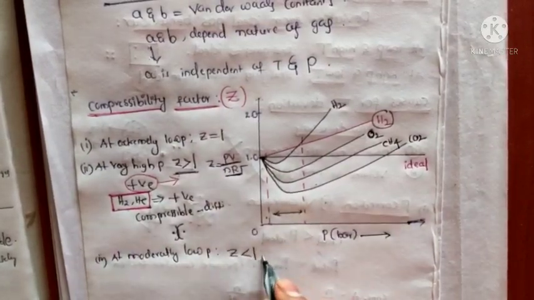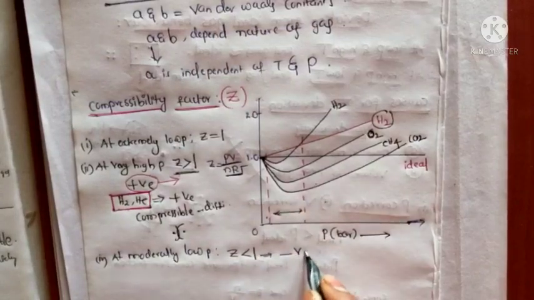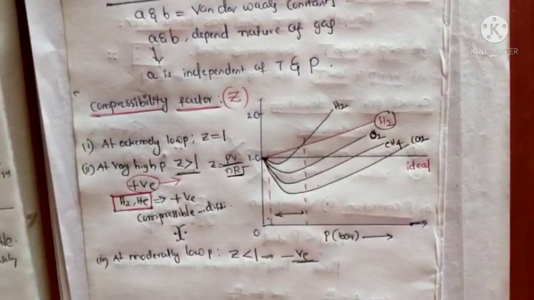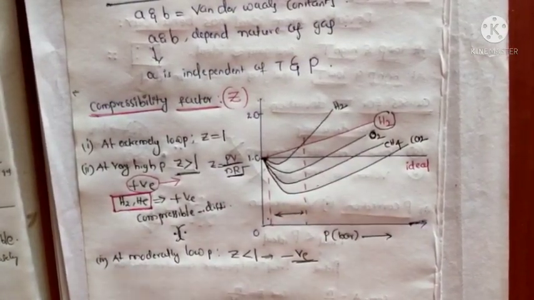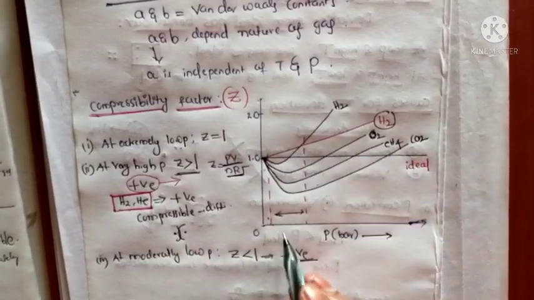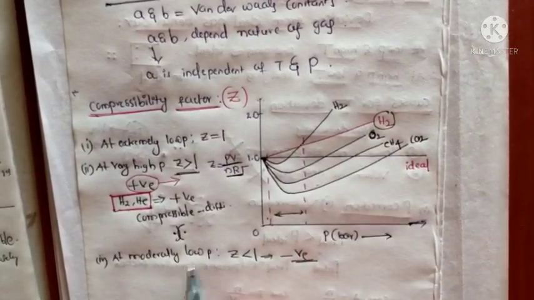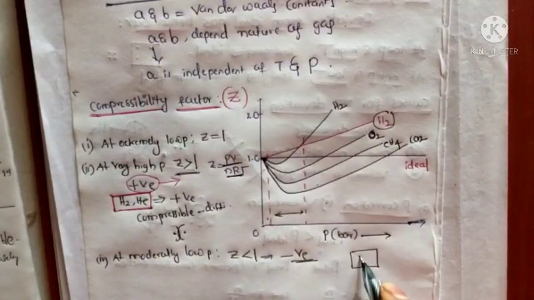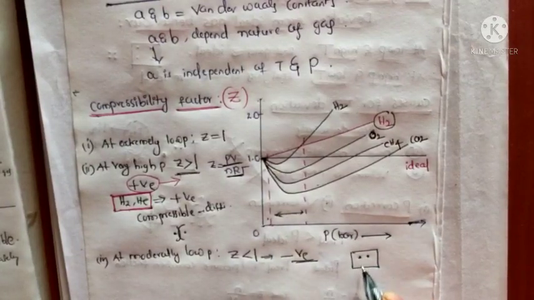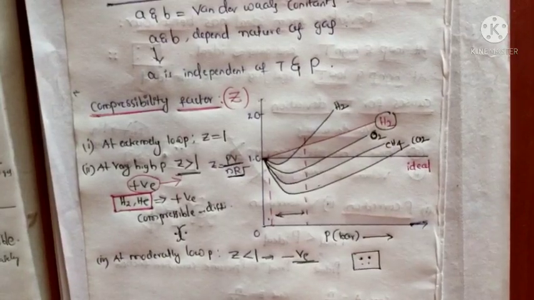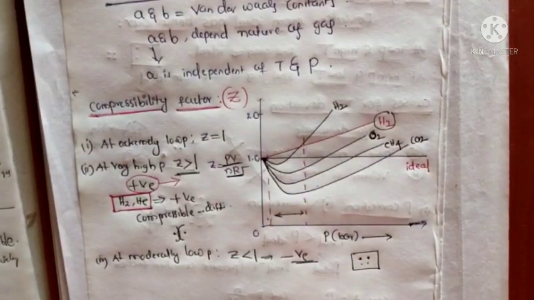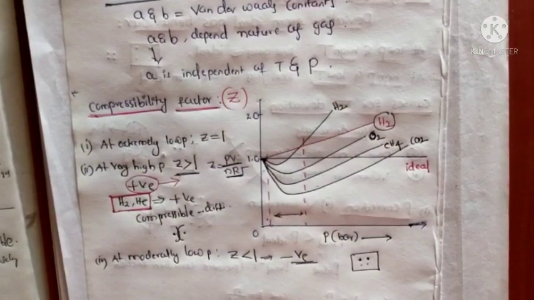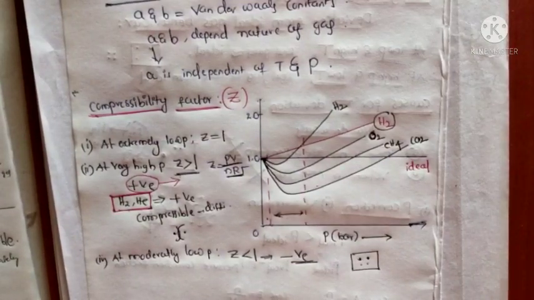That means the gases exhibit the negative deviation, so these gases are more compressible, because at moderately low pressure the molecules come close to each other. That's why compression is very easy. So here there is also dominance of long range attraction forces at moderately low pressure, which favor the compression.